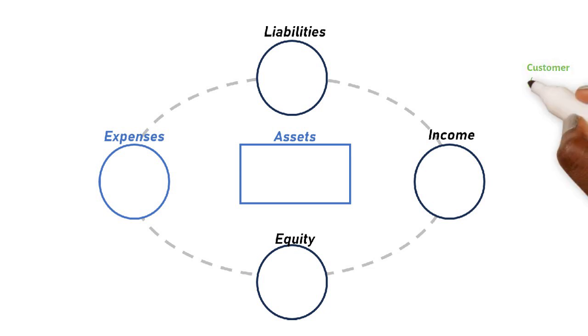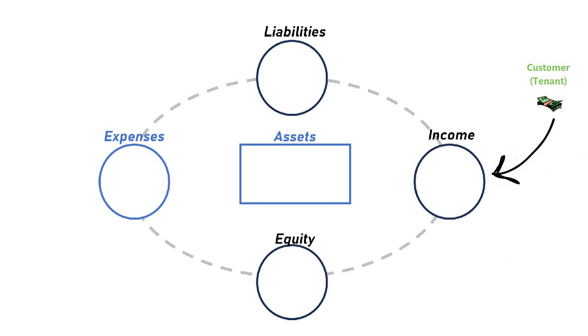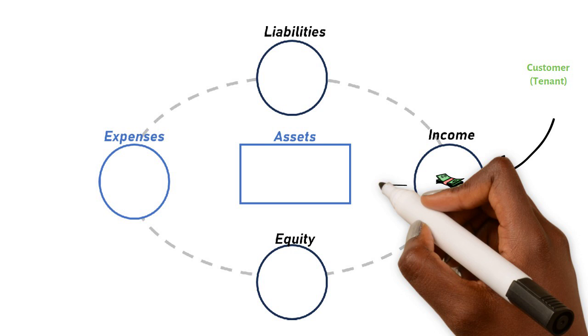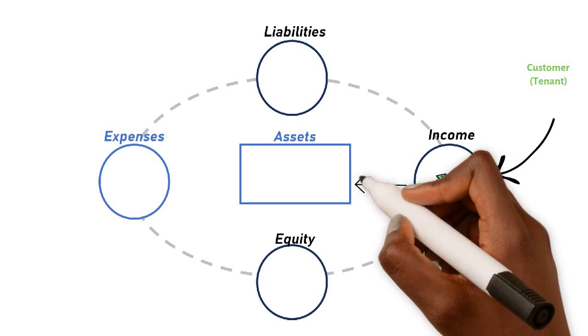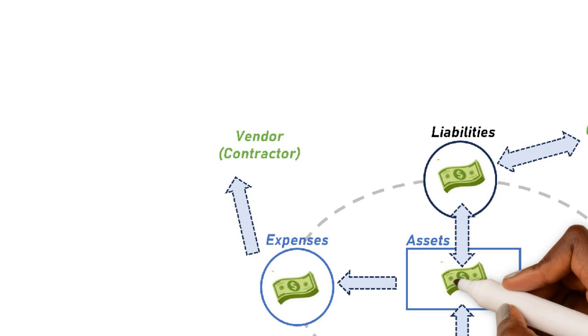For example, we show here how rent flows from your tenant, who's your customer, and eventually into the bank account of your business through the income checkpoint. Of course, there are many different types of money flows that will make up the entirety of your business transactions, and we show some of the main ones here.